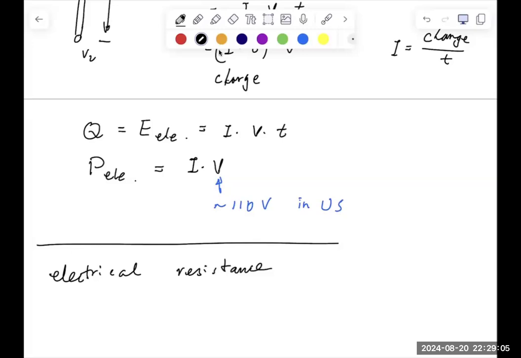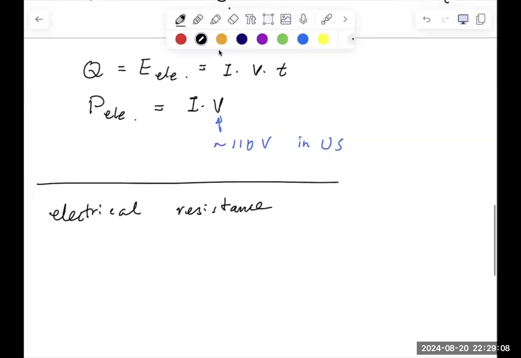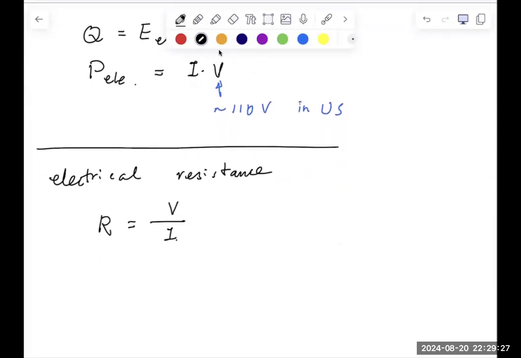As a matter of fact, we will use this concept quite a lot throughout the entire semester, not exactly the same way. But the electrical resistance is defined as the ratio between the voltage and the current for an electrical circuit. So let's say you have an electrical wire or coil, and you want to pass a current across this coil.